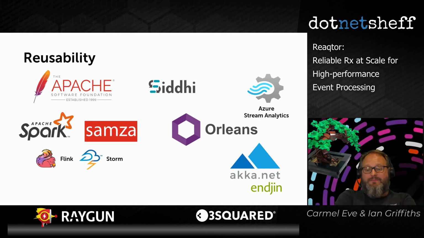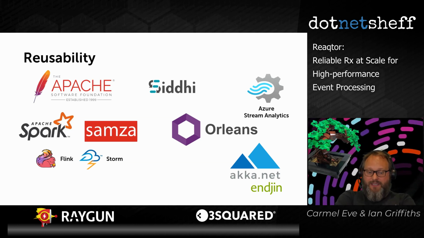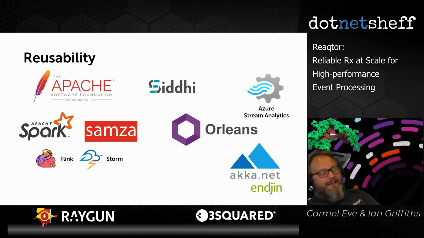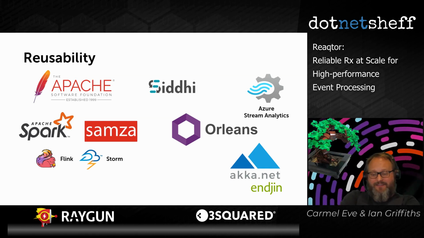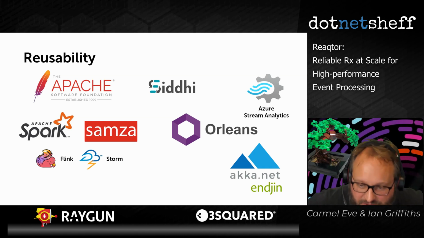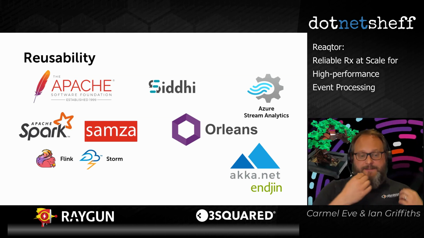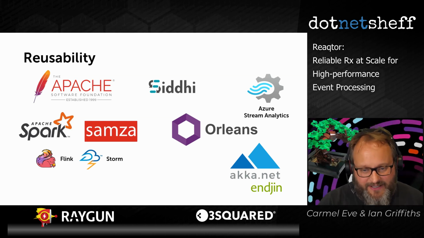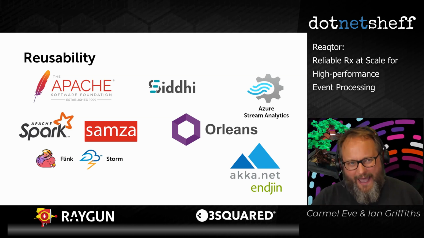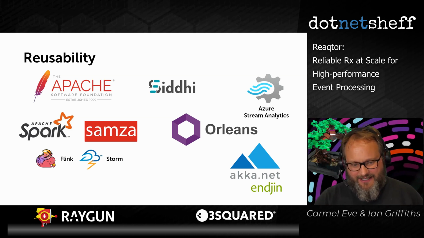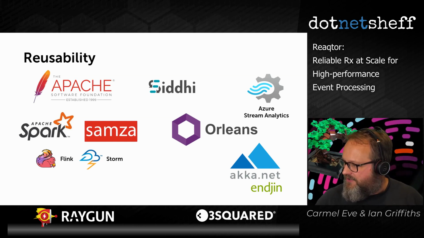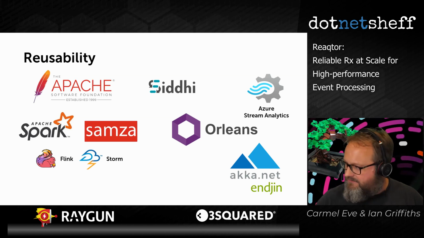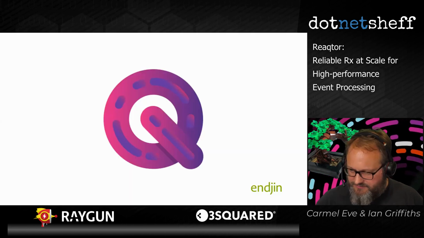And this means that it is possible to use them on big compute clusters in highly parallel environments, and it is also possible to use them out on the edge on relatively constrained devices such as Raspberry Pis. And so that is another of the things that's sort of where Reactor sits on this diagram. It's a bit like CIDI in that respect, but unlike all the other things. And so that, I think, is the last dimension I am comparing things on. So with that, I am going to hand back to Carmel to wrap up.